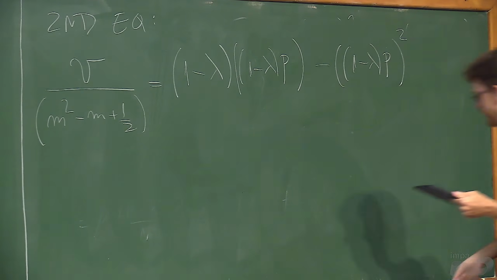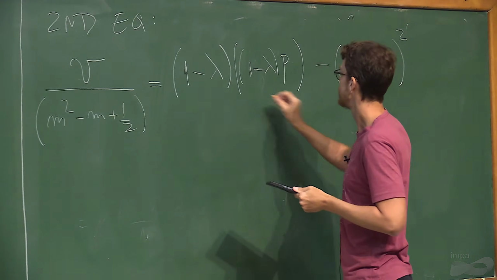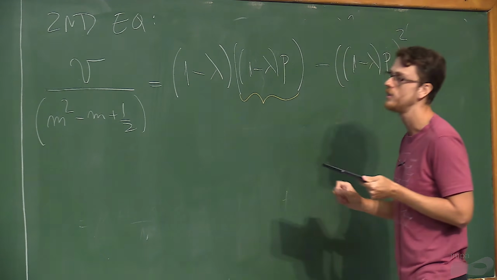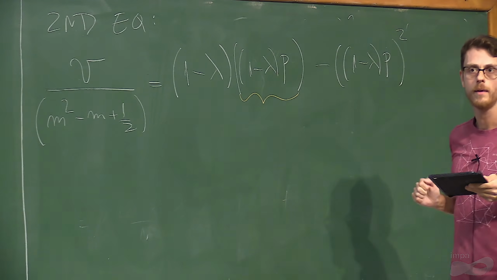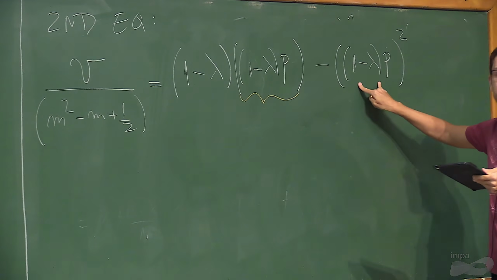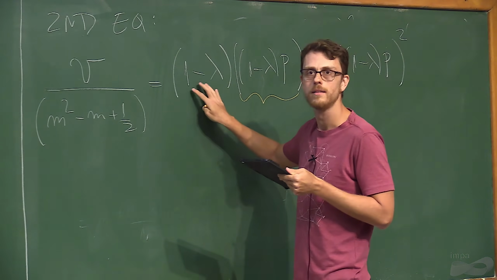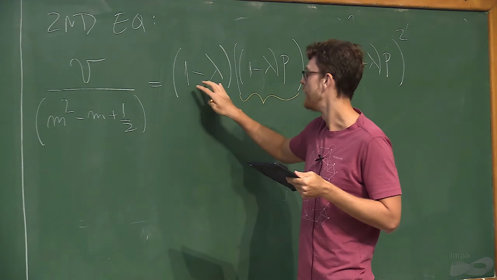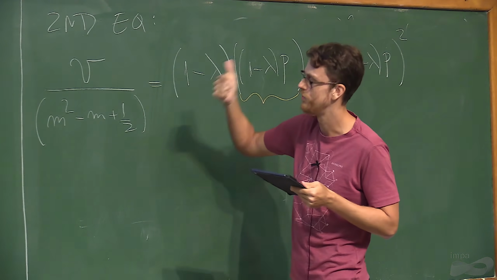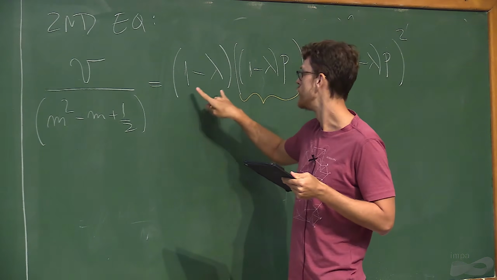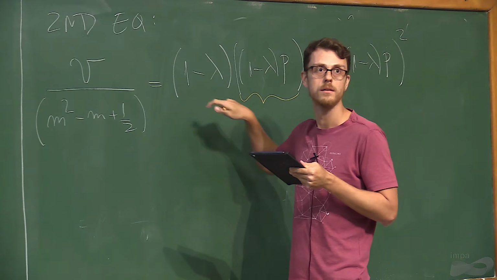So this means this guy is a function of m and w, this guy as well. So I'm trying to convince you that there is a function which depends on v, m, and w, which gives me 1 minus lambda.